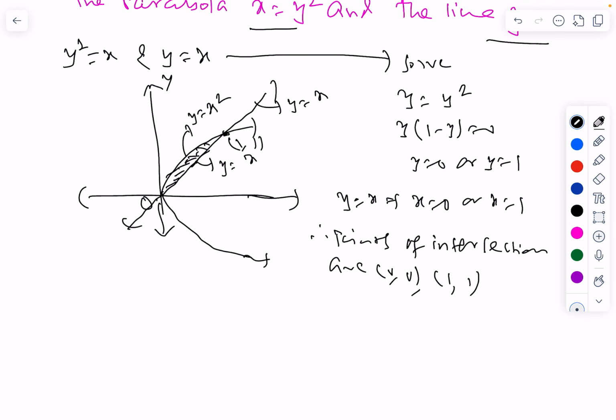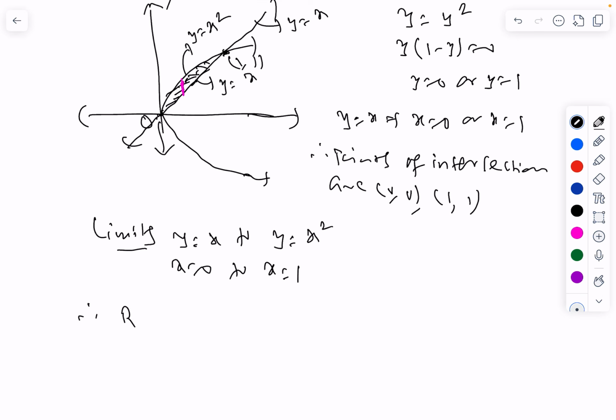Now if we take the vertical strip, we need to find the limits. So if we take a vertical strip, we can find the limit like y equal to x to y equal to x square, and that strip moves from x equal to 0 here to x equal to 1.